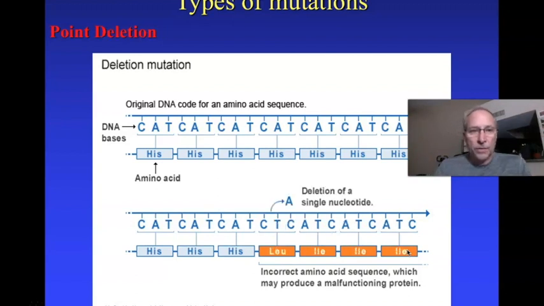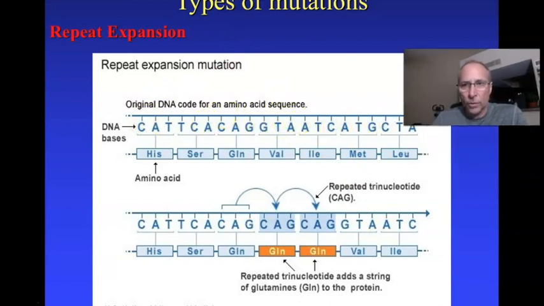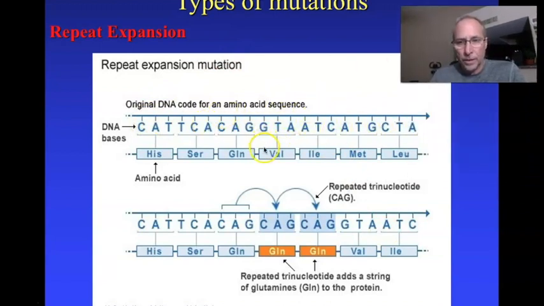So these kinds of things leading to these big changes, which I'll call frame shifts, are massive, usually have much, much bigger effects than simple point substitutions. But that's not the only thing that can happen. You can also have these things that are called repeat expansions. So for example, you can have CAT-TCA, and this sequence here is the normal sequence that we would find in a DNA sequence.